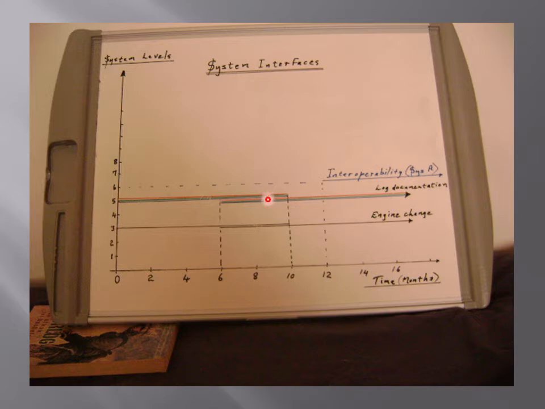But that should not surprise you, because the configuration here on level 3 dictates what support is required on level 5. So, if one has a duplication of configuration here, one will have it there too. Now let's talk a little bit about interoperability.